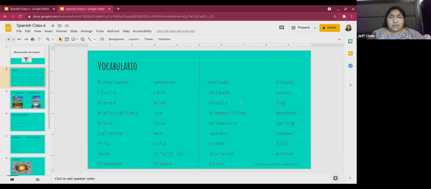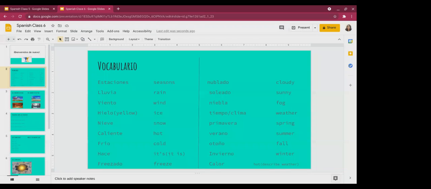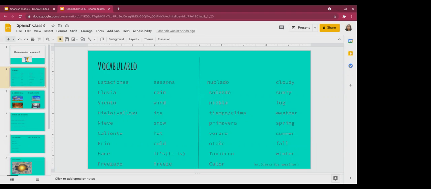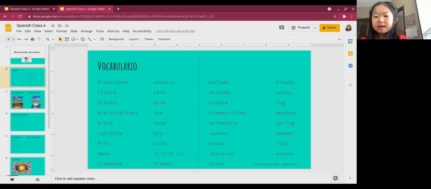And then the one after that is niebla. Can you say that again? Niebla. Muy bien.